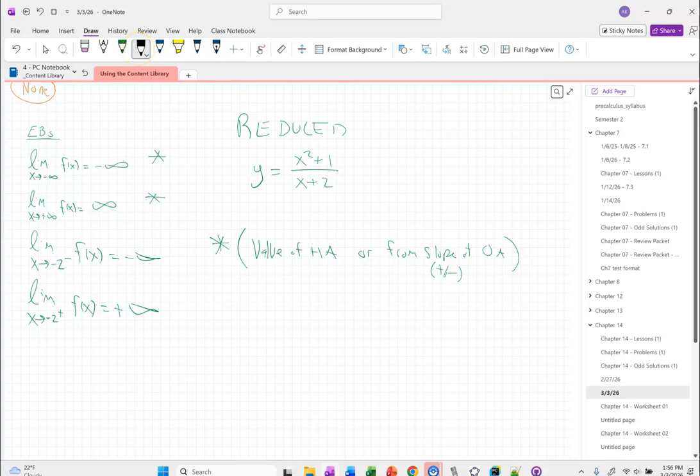What I want to do now is take all these key features together and build a graph out of it. Okay? So again, this would ostensibly be an entire section of the test. Now, I would not have it all combined together because if you make one mistake, a bunch of stuff afterwards is going to be wrong.